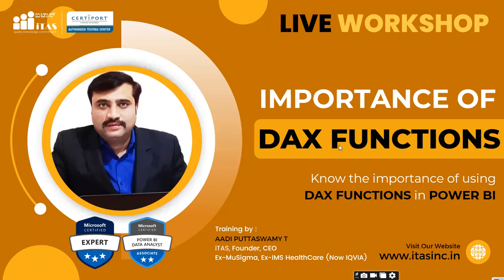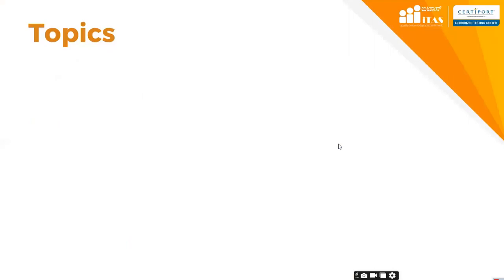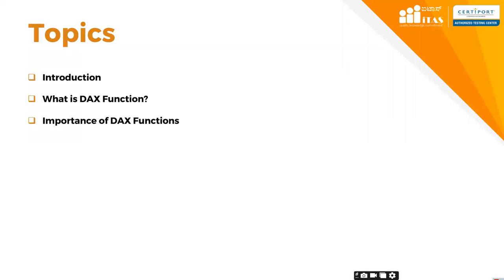All right. So let me go to the next slide. We'll discuss the topics now. First, we'll go with the introduction. Then I'll talk about what is a DAX function. Then we'll understand the importance of DAX functions. Then we'll understand the syntax and structure.